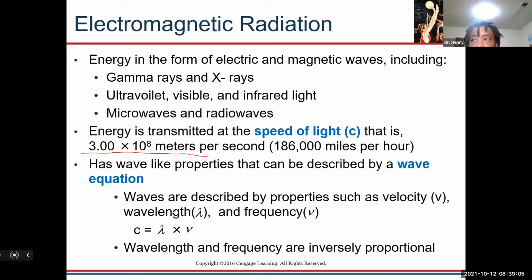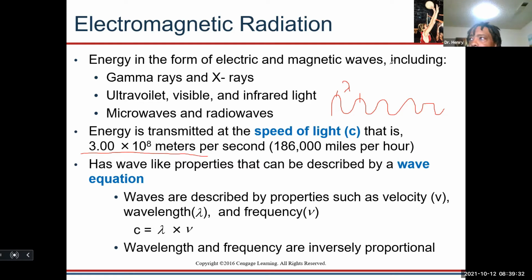Earlier, we were talking about the fact that energy has a wave-like pattern. So energy travels in an oscillating form. This here is peak to peak. If we go from peak to peak, that is called the wavelength.